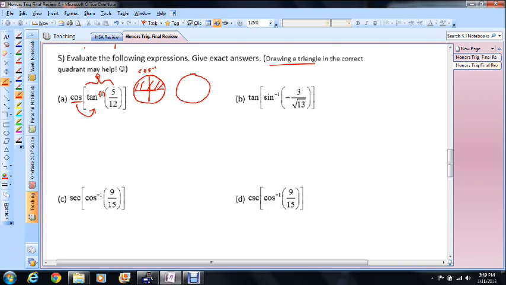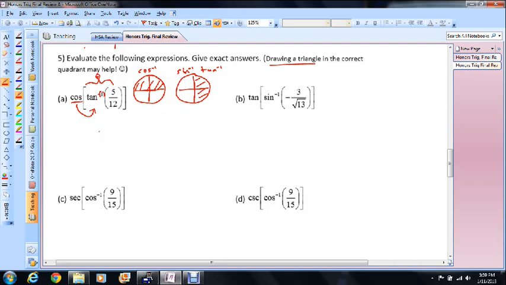Inverse sine and tangent only exist in the first and fourth quadrant. So that kind of tells us where we're allowed to draw these triangles. If we didn't restrict these domains, then we would have multiple triangles, we'd have multiple answers.